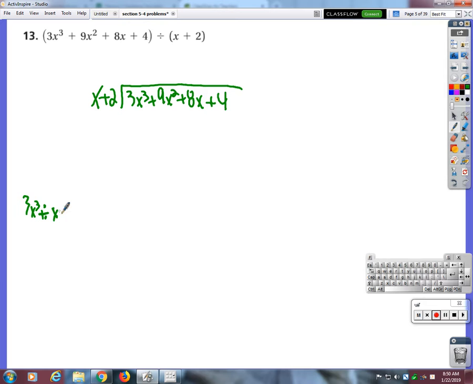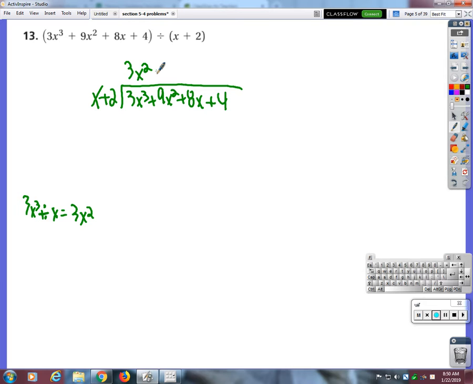I'll have to figure out what 3x cubed divided by x is first. I'm going to do a smaller, simpler problem. So 3x cubed divided by x is 3x squared.